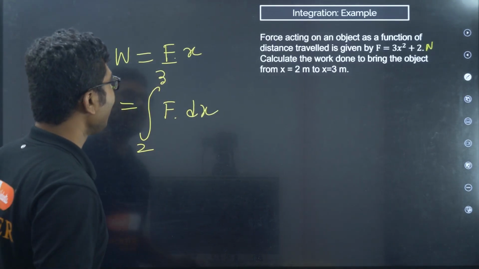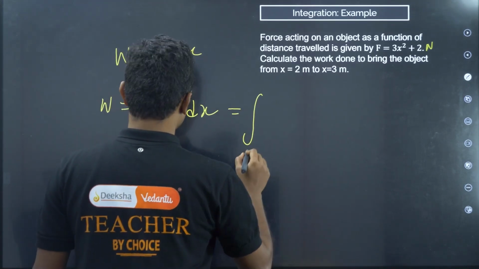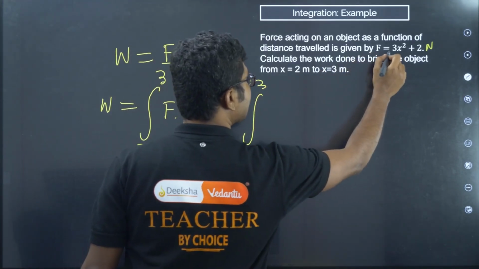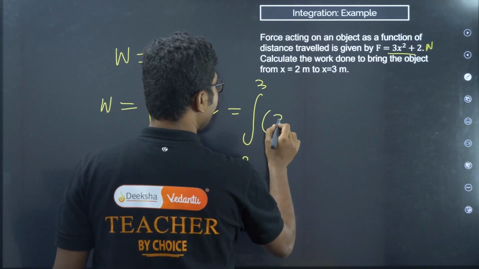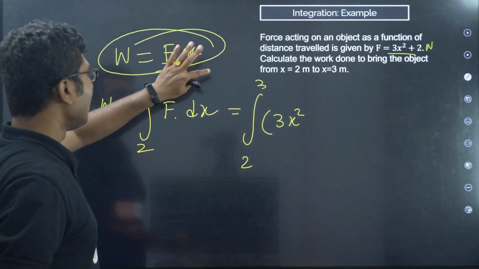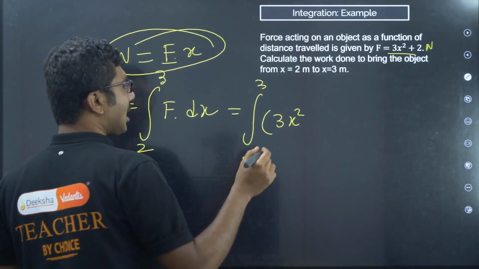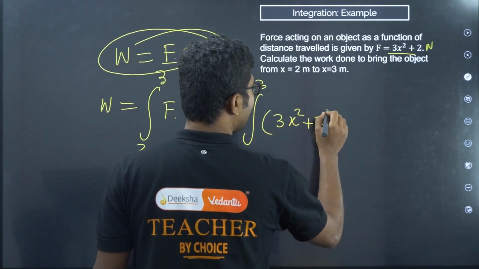So basically this is the way of calculating the work done for variable forces. So from 2 to 3, we will just write this value 3x square. These formulas and equations will come with time, but I am just giving you an example of how to do the integration.